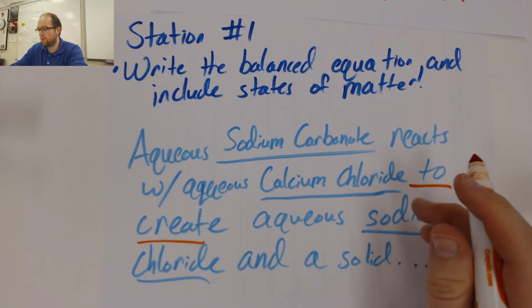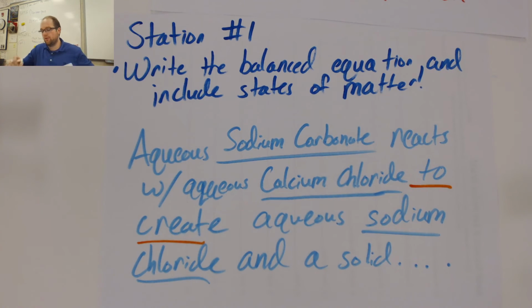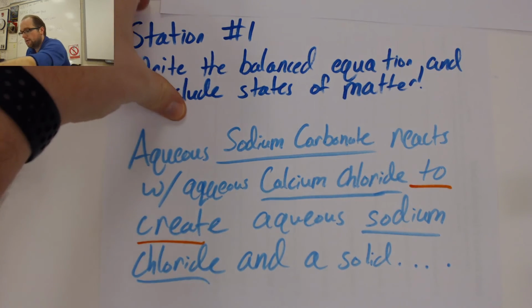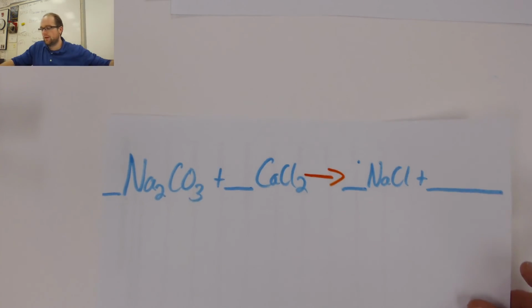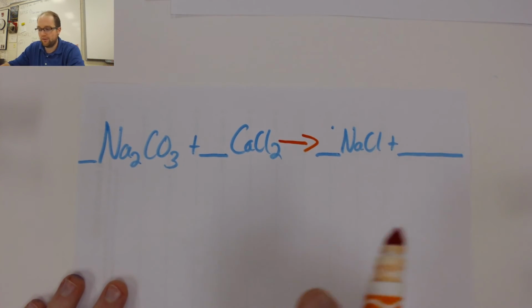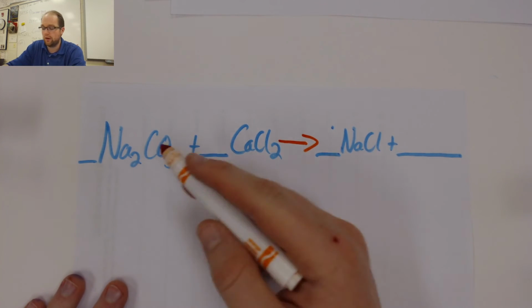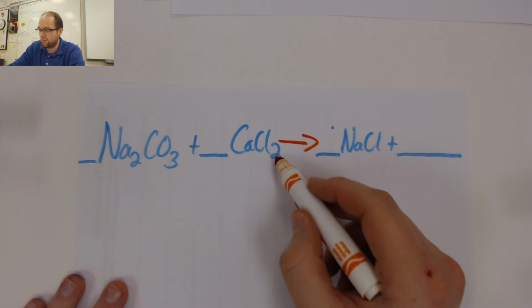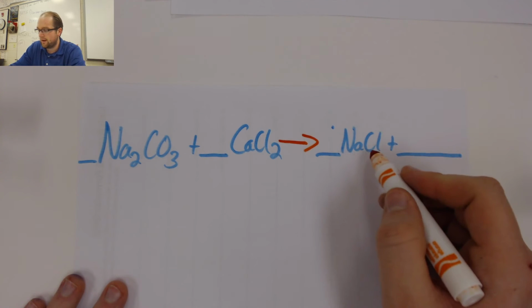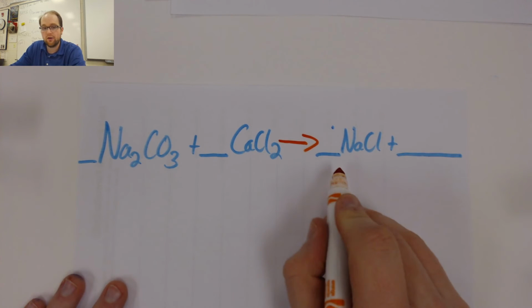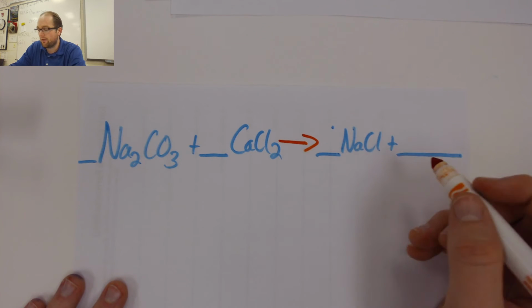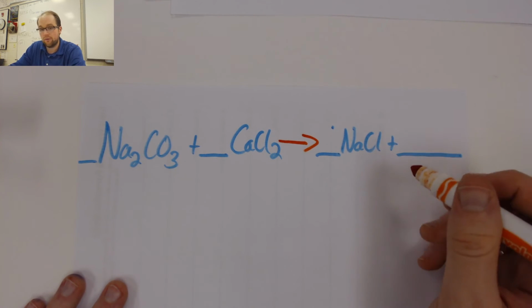This "to create" is the sign that I'm going to be drawing my arrow in between. So I've already written my chemical formulas as I've been told. I have sodium carbonate, correctly written with the 2 sodiums, calcium chloride with 2 chlorines, and then the NaCl. If you do not write correct compounds, your chemical equations will never be correct.